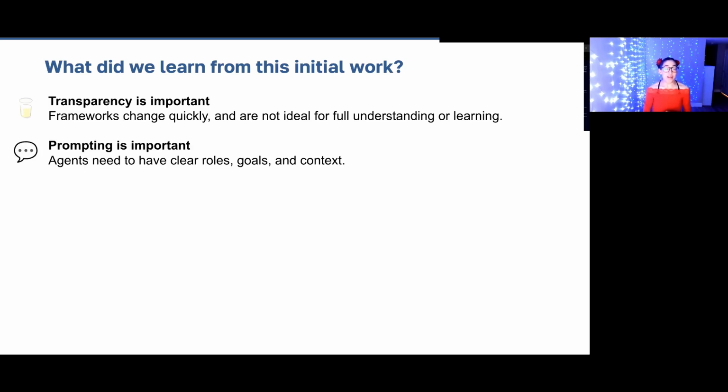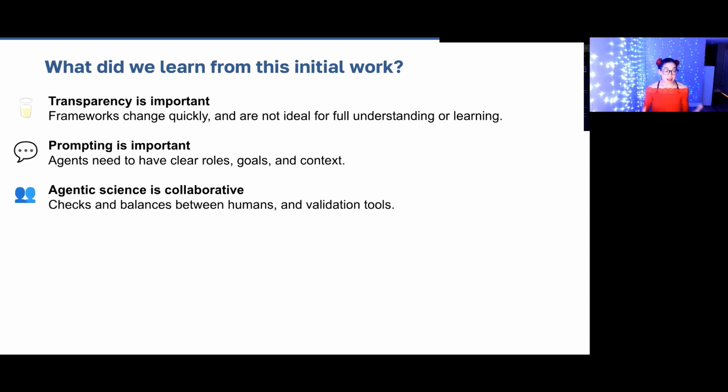The next thing we learned is how important prompting is, and this continues to be true. Whether you capitalize something, for example, that's important. The position that you put something in the prompt is important. Defining clear roles, goals, and context, this is all important. Next, as I mentioned, agentic science is collaborative.